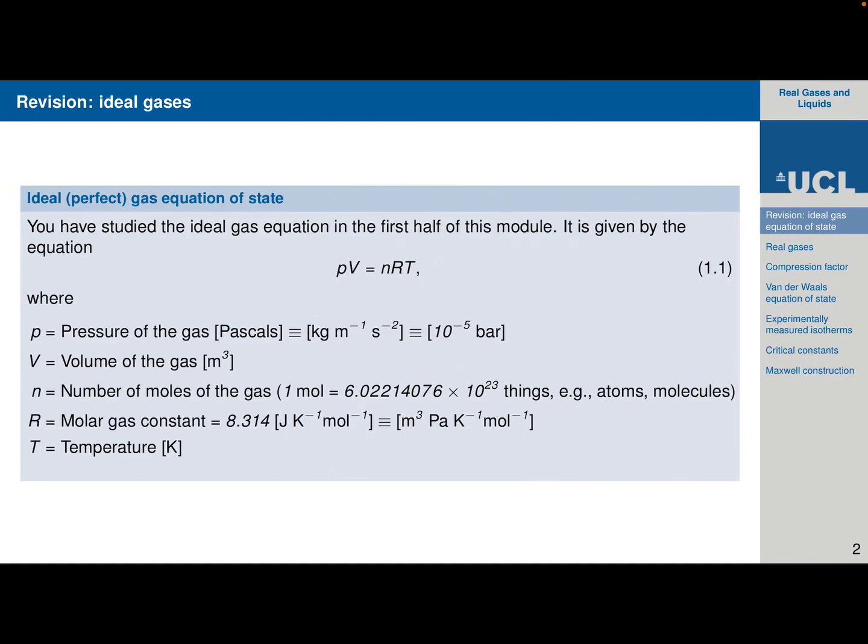And the other thing is that it predicts that a gas will remain a gas at all values of pressure and temperature, and that's something that you know from your everyday experience is not the case, right? So you know that eventually, if you take a gas and you lower the temperature, it'll become a liquid, and if you lower the temperature further, it'll become a solid, right?